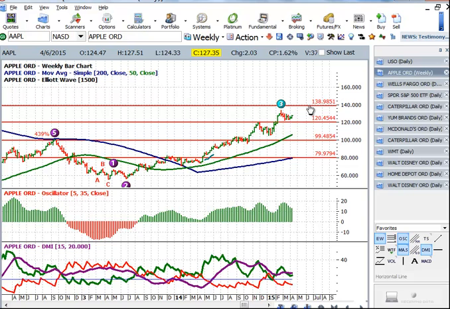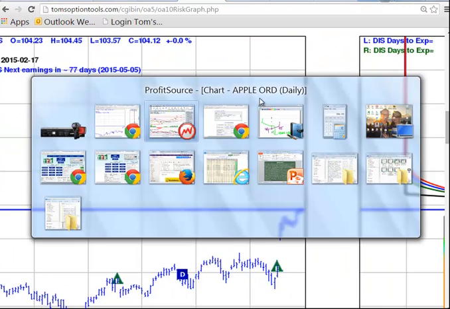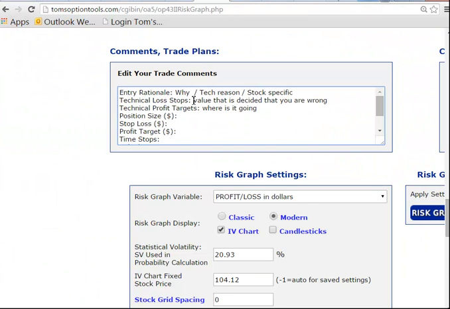I'm looking at right around 140 as my next target, if I believe everything else to be bullish on that particular underlying stock. How much money do you expect to make? To say 100% profit, well, in this particular example, that's not even possible. So based on your technical target, you have to determine what is the actual amount that you're expecting to make.